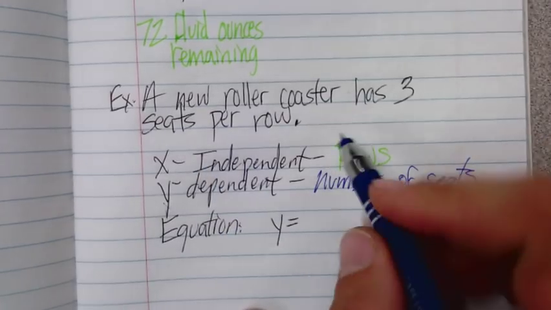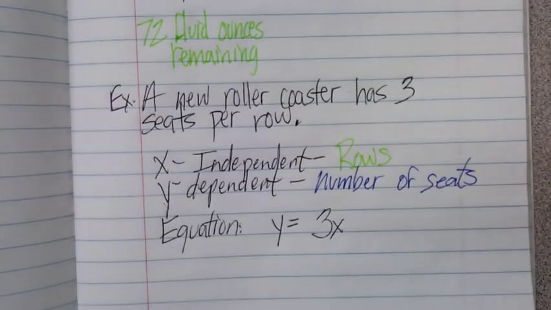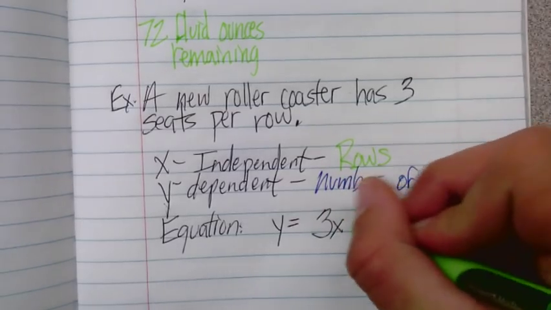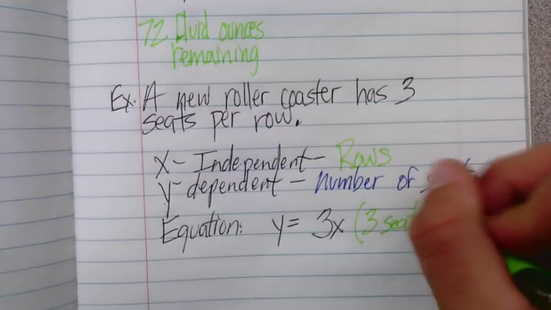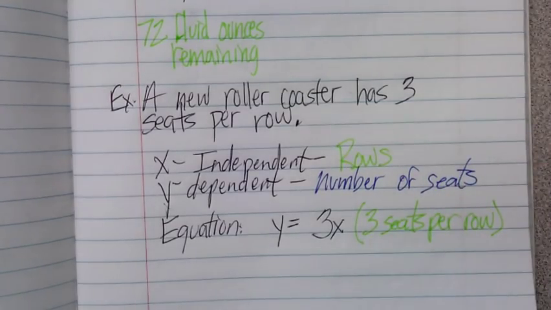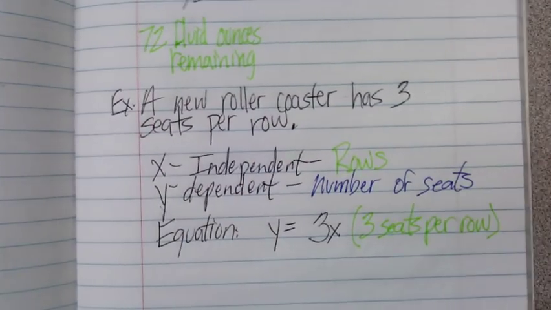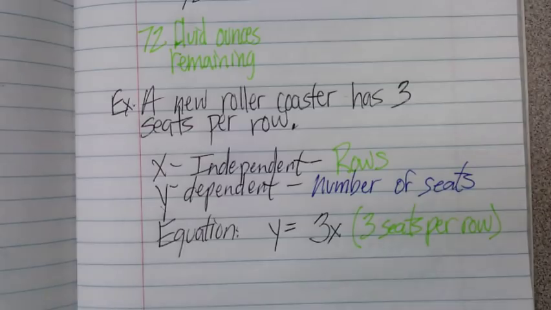So that means 3 times x, because it's the 3 seats per row. So now I wrote my equation based off of here. Right, you have to think about it. Every one row would be 3 seats.